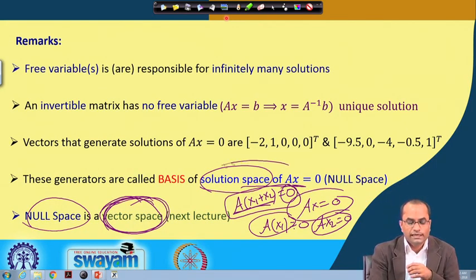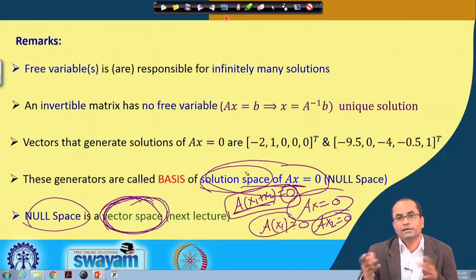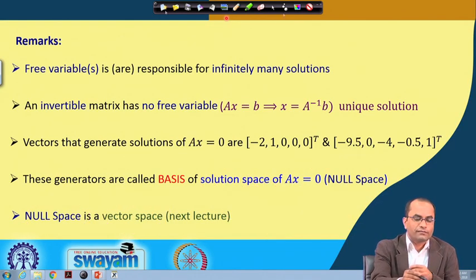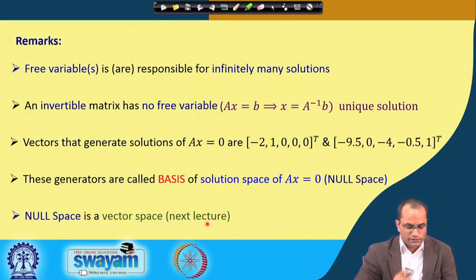So, the solution set of Ax is equal to 0 has some nice properties: you add any two solutions, that will also be a solution, or you multiply this solution by a number, that will also be a solution. There are many other properties which a vector space has, and that we will discuss in the next lecture.